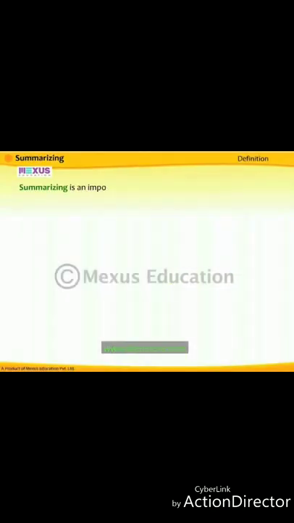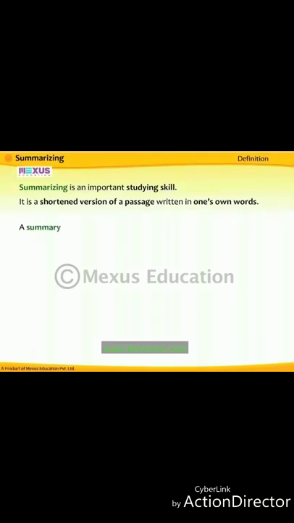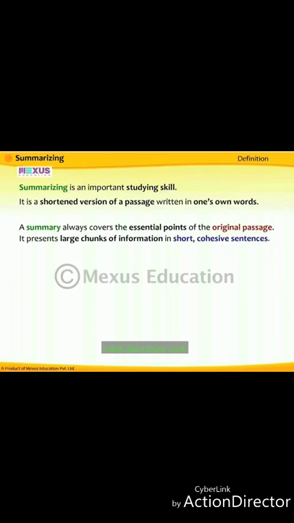Summarizing is an important studying skill. It is a shortened version of a passage written in one's own words. A summary always covers the essential points of the original passage. It presents large chunks of information in short, cohesive sentences.